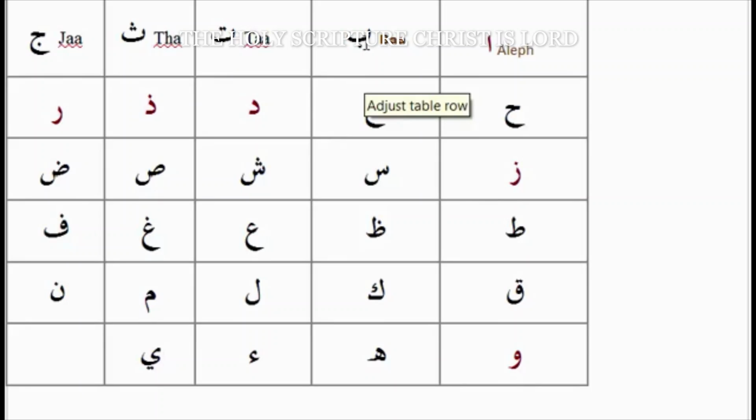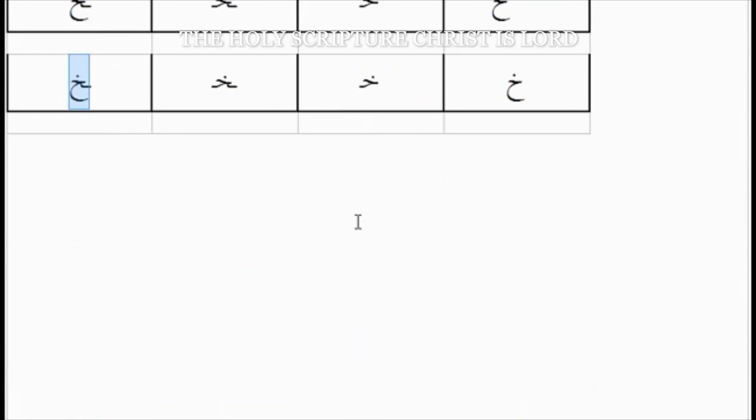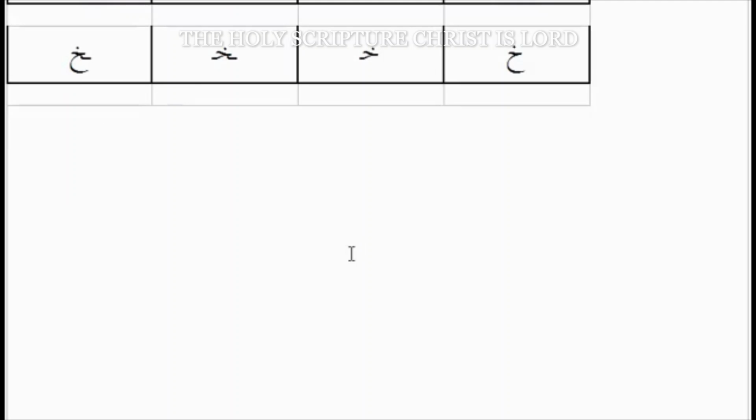So you see those letters, all of them, when we write them at the end, they come back to the original. Let us see what we mean by original. This is the letter Ha as an example by itself, and this is how it is connected at the start, and this is how it is when connected at the end.